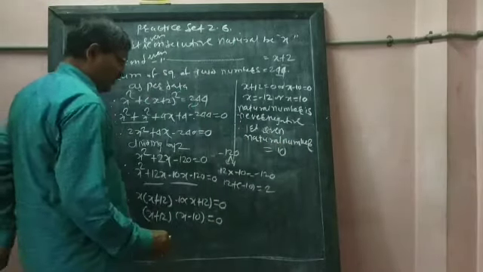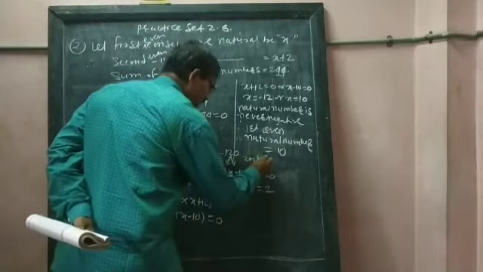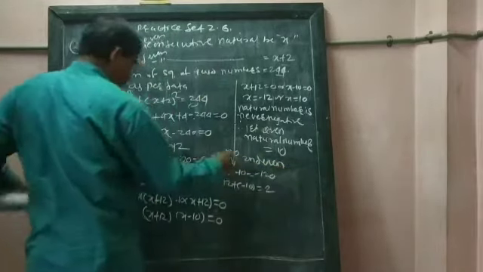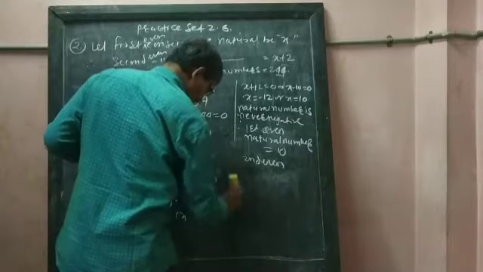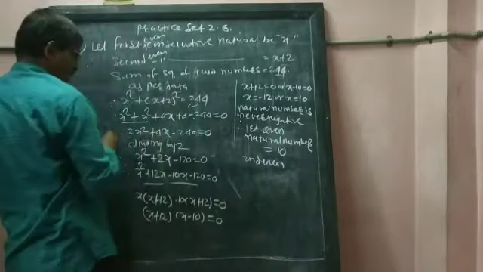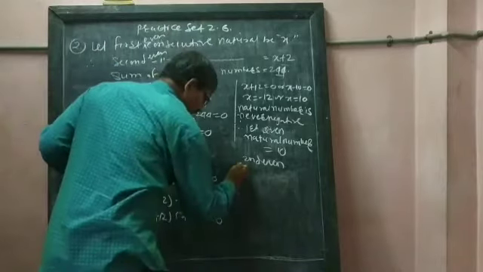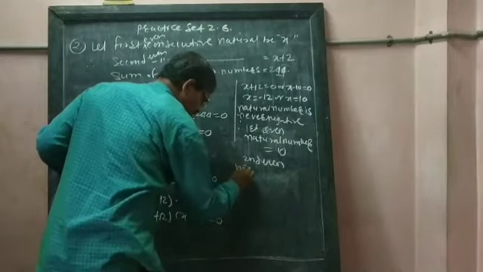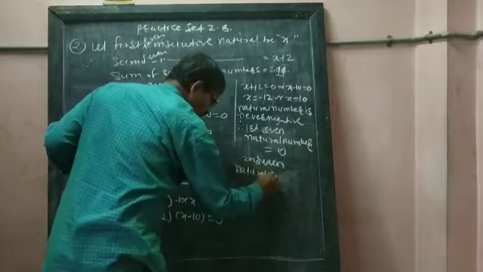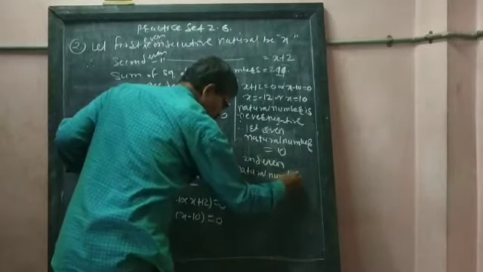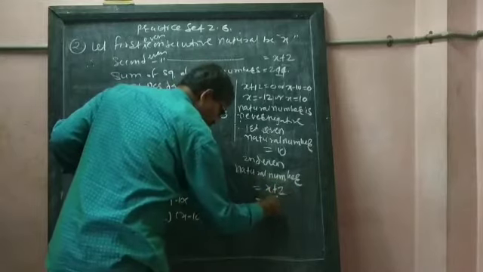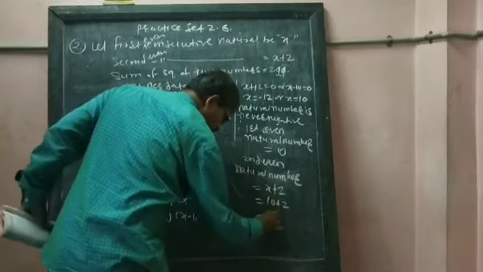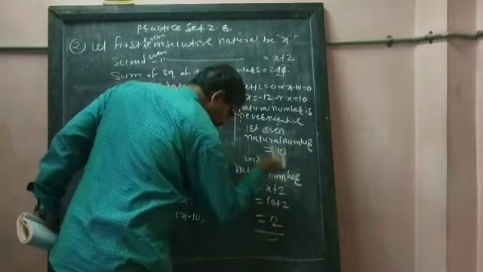Then we have to find the second even number. Now I have to erase that, so I am erasing it. Second even natural number is equal to x plus 2, means 10 plus 2 is equal to 12.